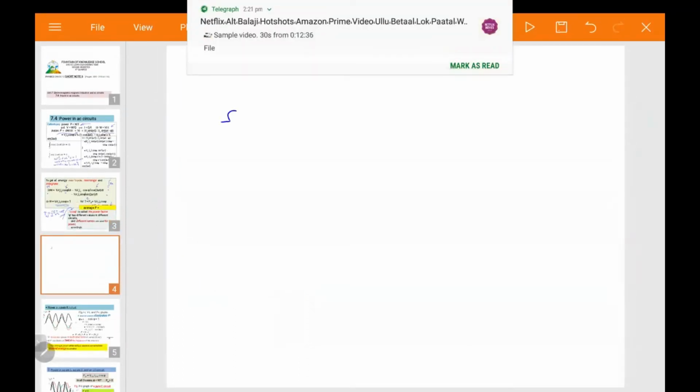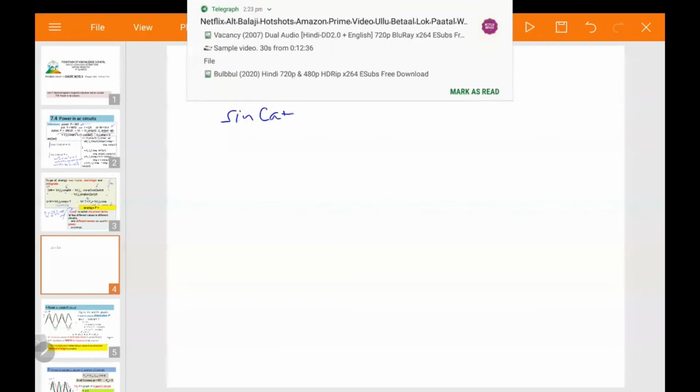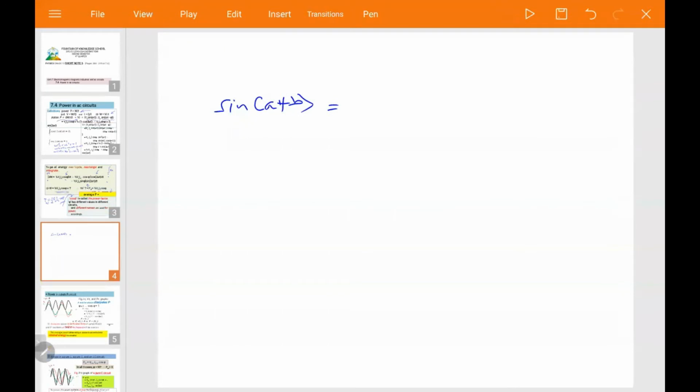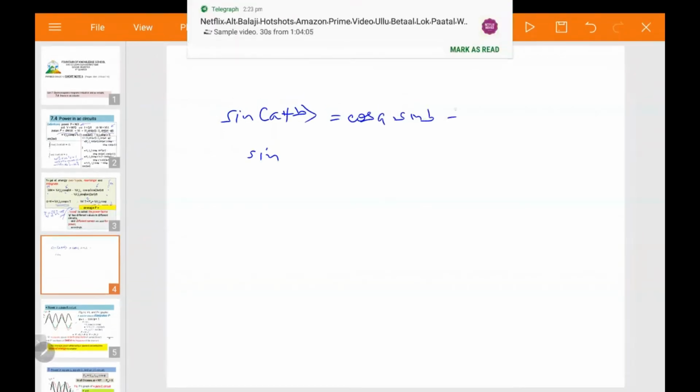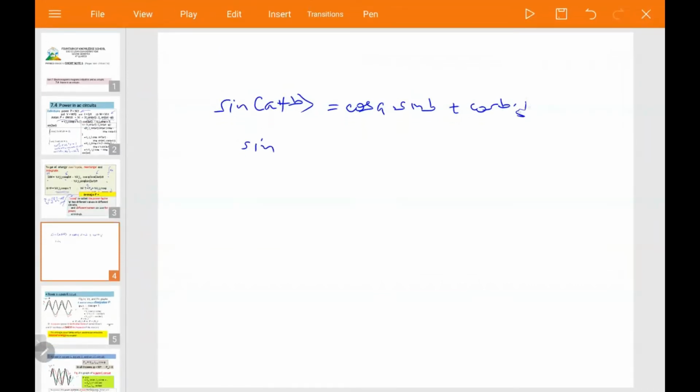And the other one is sine of a plus b. Starting from that, this thing equals cos a sine b plus cos b sine a. We need all that.